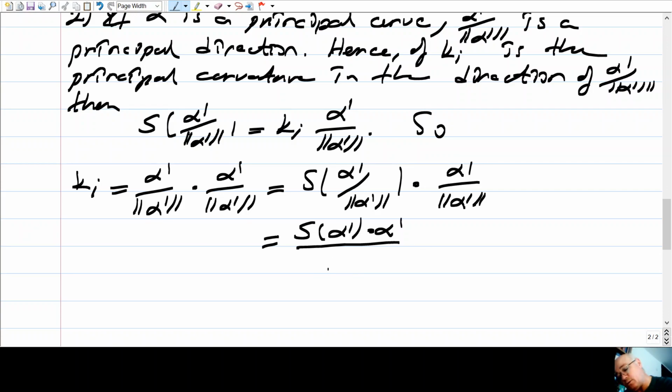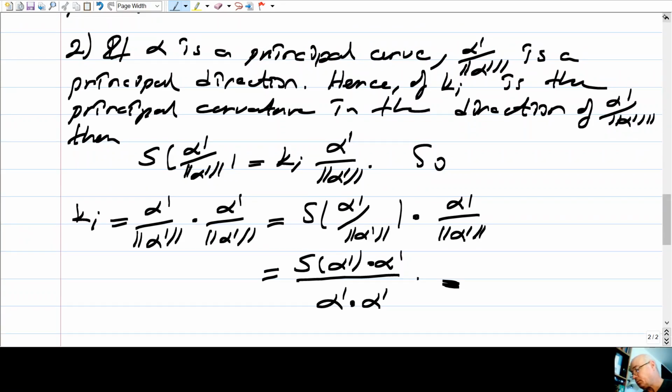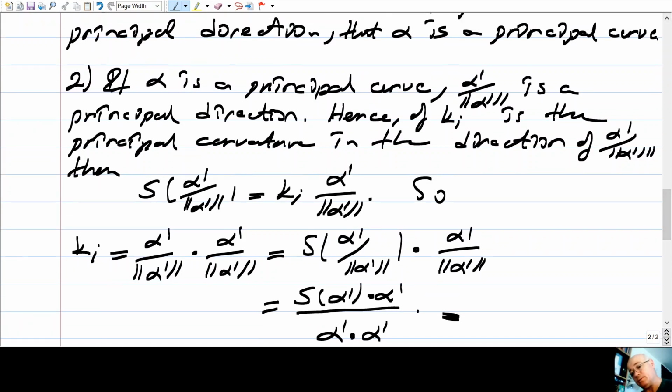Or I can write it this way, and this finishes the proof. Okay, so this gives us a way of computing curvatures along principal curves.